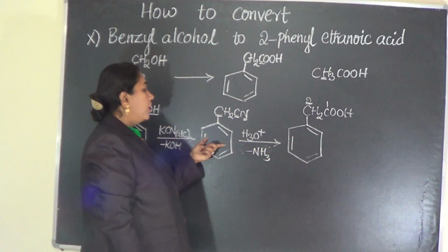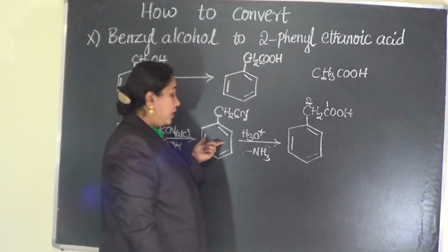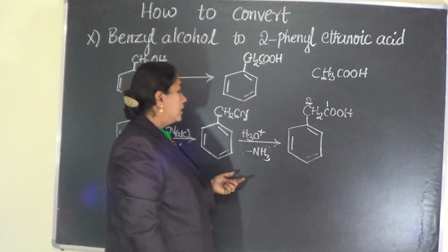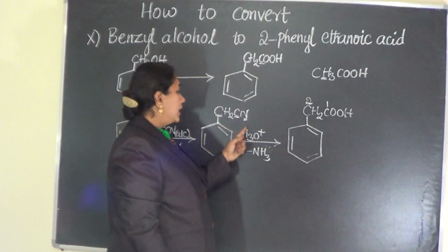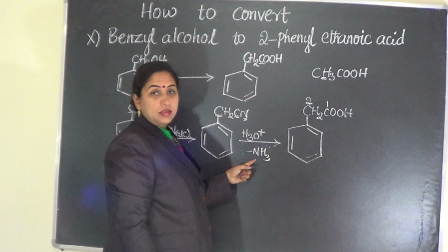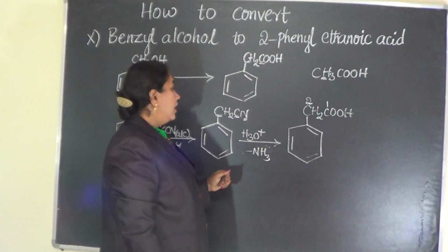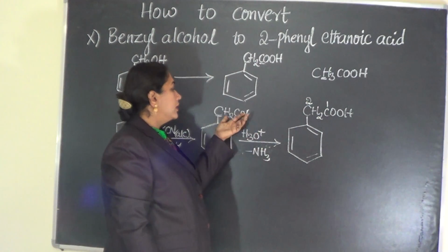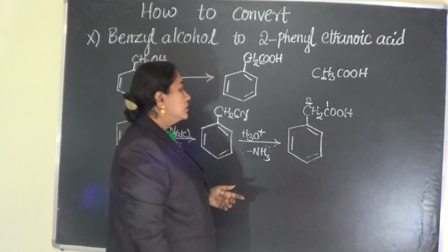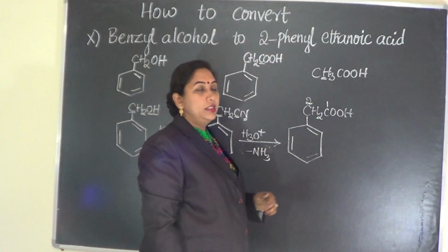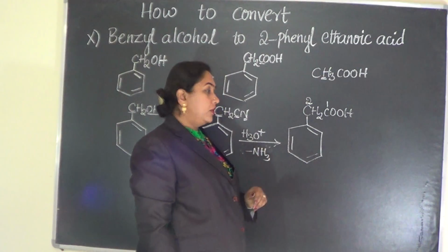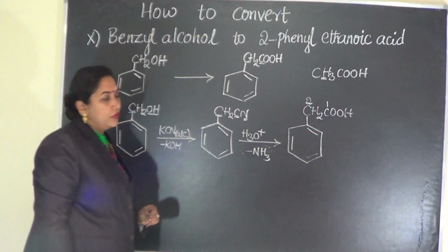Then this compound, which is an intermediate compound formed, is subjected to acid hydrolysis. The nitrogen from the cyano group is getting removed as ammonia, and OH from the water takes an attachment with this. So therefore we will end up in the formation of 2-phenylethanoic acid as the product of our requirement.